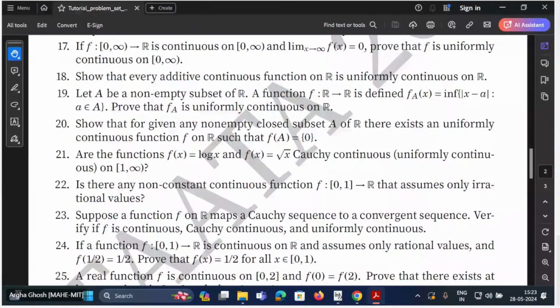So the collection of all points where f(x) equals 0 is a closed set. The hint is to use question number 19 to solve question number 20. One part is easy, correct?